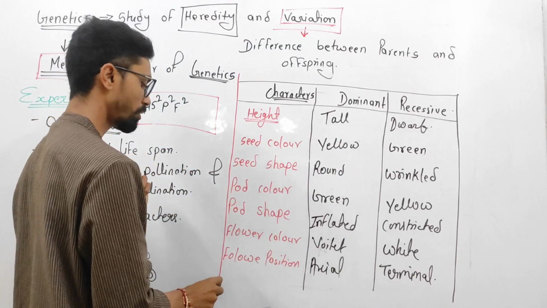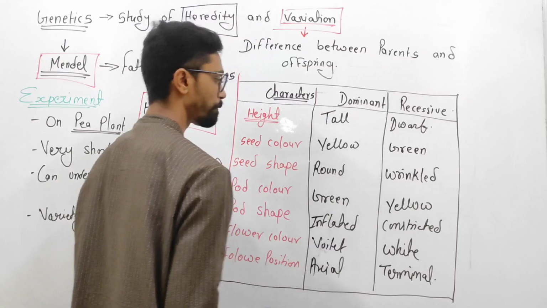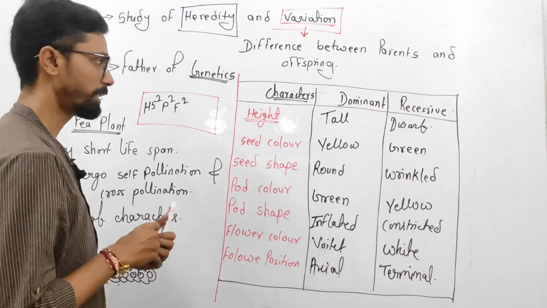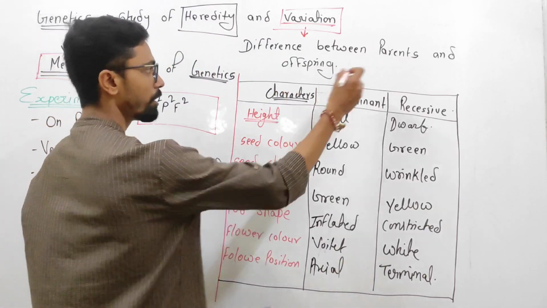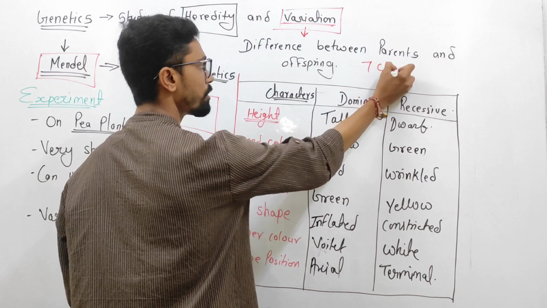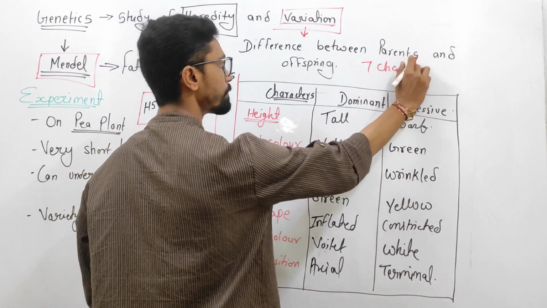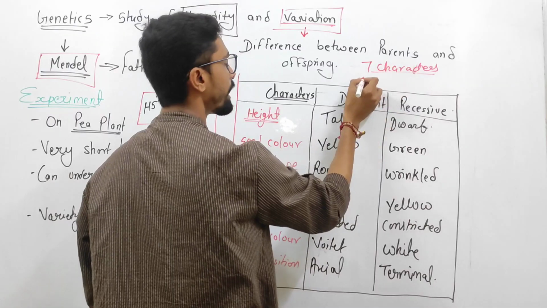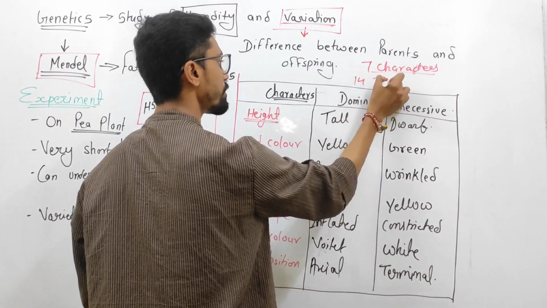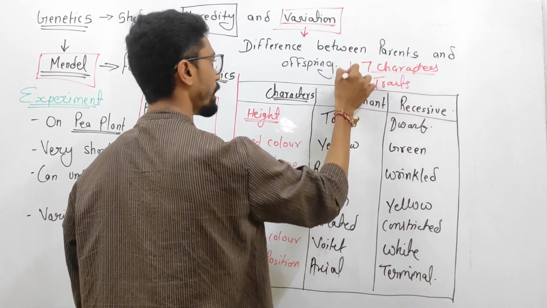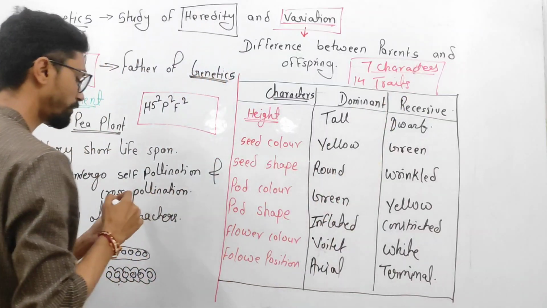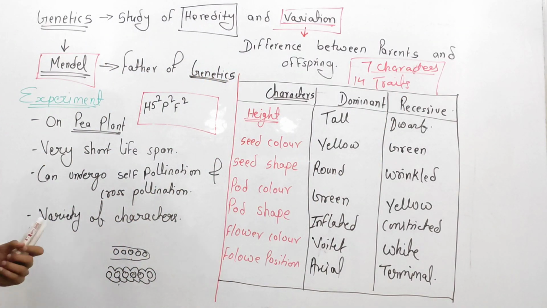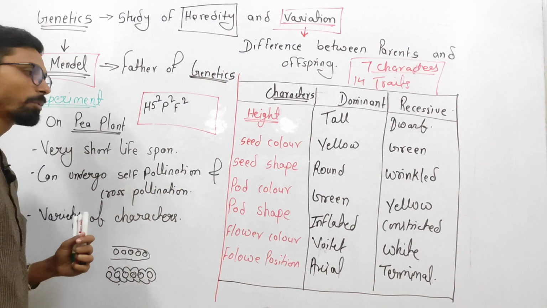So these are the 7 different characters we should keep in mind, along with 14 traits. Mendel gave 7 characters and 14 different traits on a pea plant.